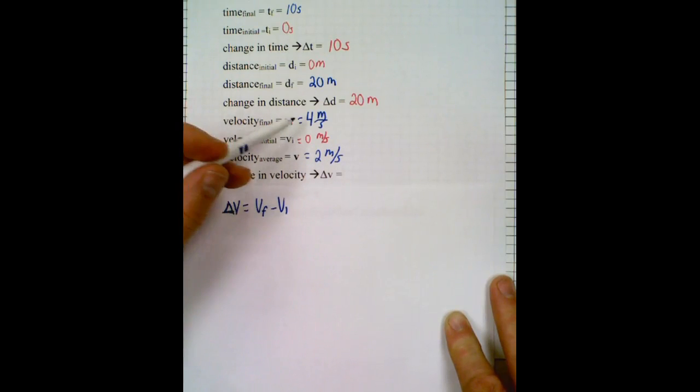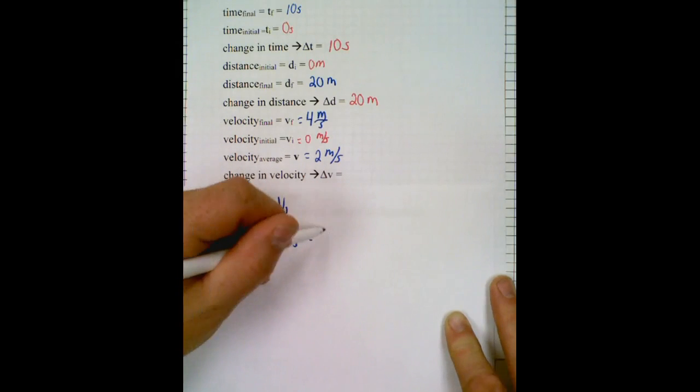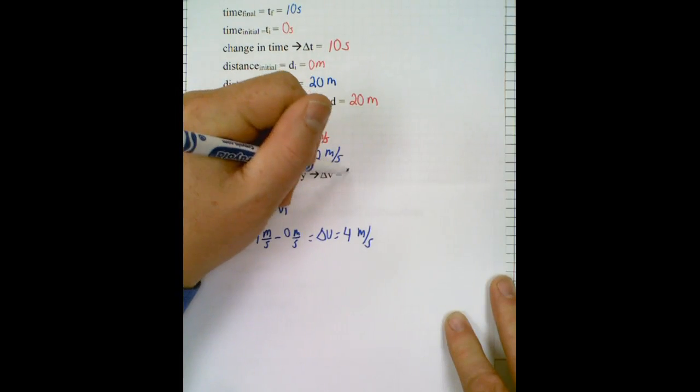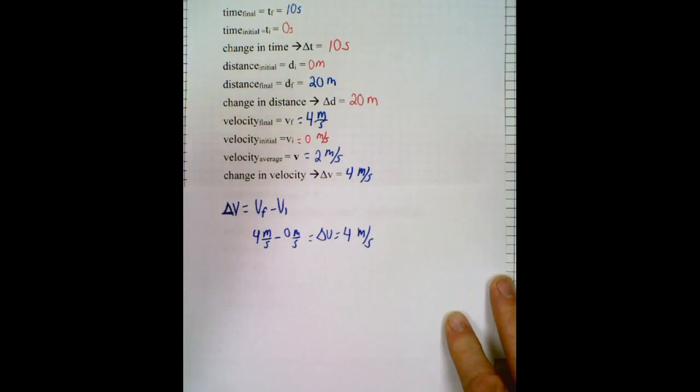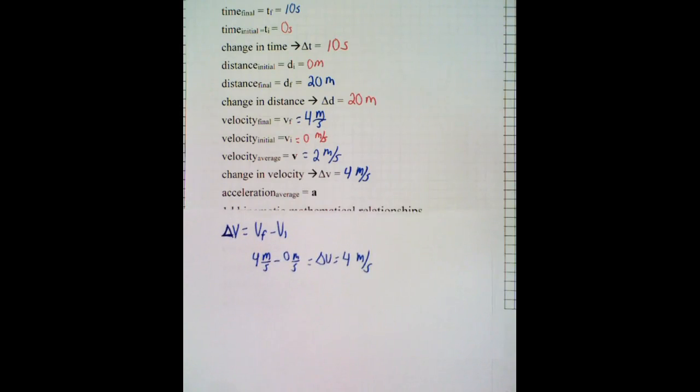Well, VF is 4 meters per second minus 0 meters per second equals delta V equals 4 meters per second. Now you're probably going to notice that my deltas and my finals are the same number, and that happens often when you have the initials as 0. So if you can set the initials up to be 0, you'll suddenly find, hey, wait a second, I do half of this in my head because I can remember the relationship.